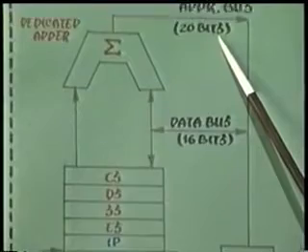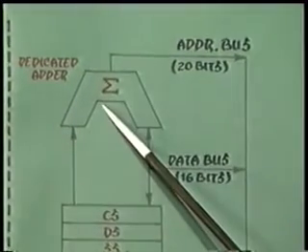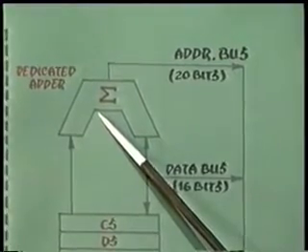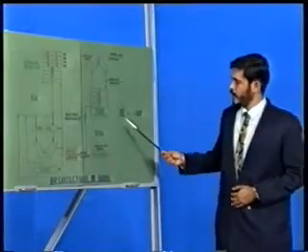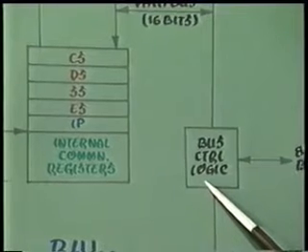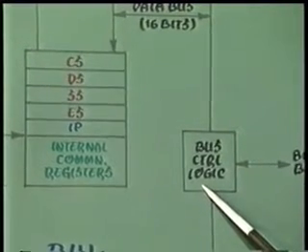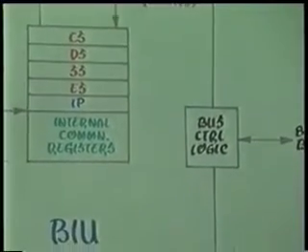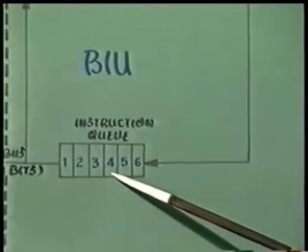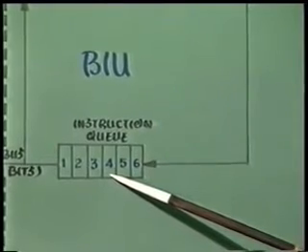Since the address bus in 8086 is of 20 bits, the dedicated adder is used to generate the 20-bit memory address. The bus control logic is used to generate the various bus control signals like memory read and write and I/O read and write. The instruction queue stores 6 bytes of instruction code prefetched from the memory ahead of execution.